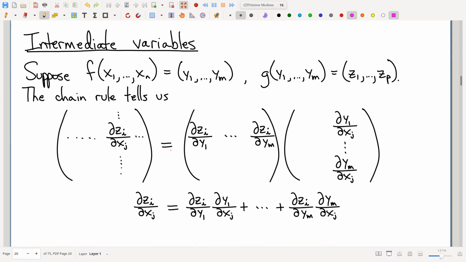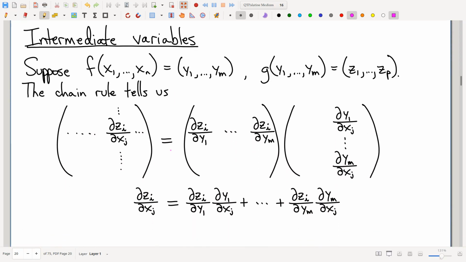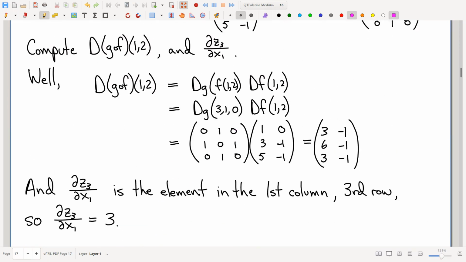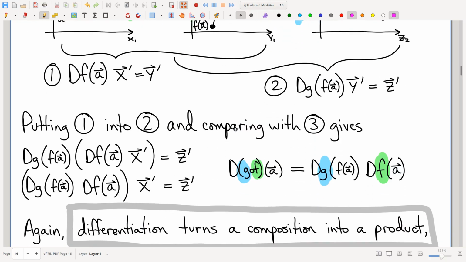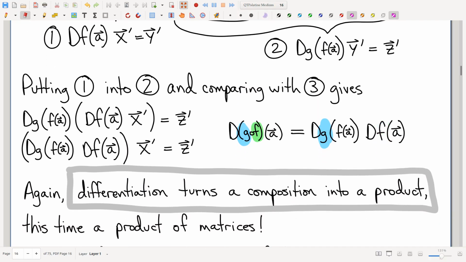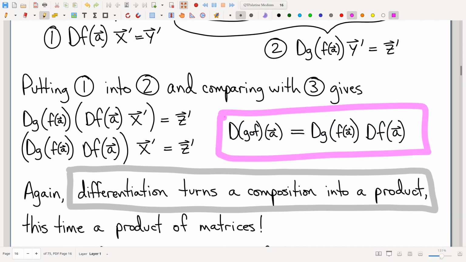Okay, now I'm going to give you a different point of view. I want to emphasize, I really, really do think that this is the best point of view right here. It's the most powerful form of the chain rule that we're going to see in this course.